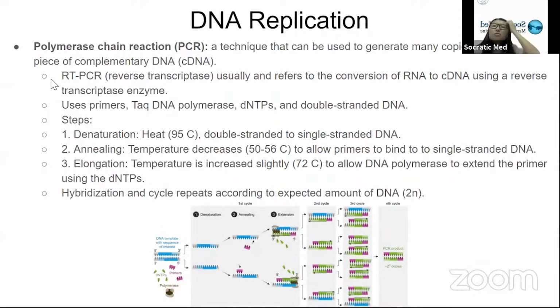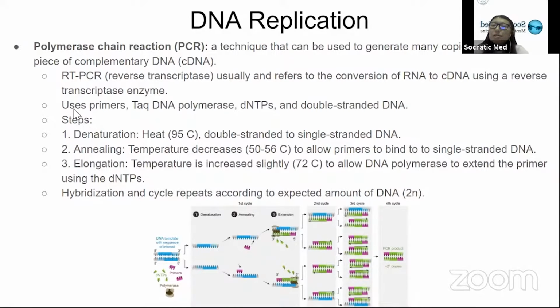The most common type of PCR that is usually used is RT-PCR, where RT stands for reverse transcriptase. It refers to that conversion of RNA back into the complementary DNA using that reverse transcriptase enzyme.